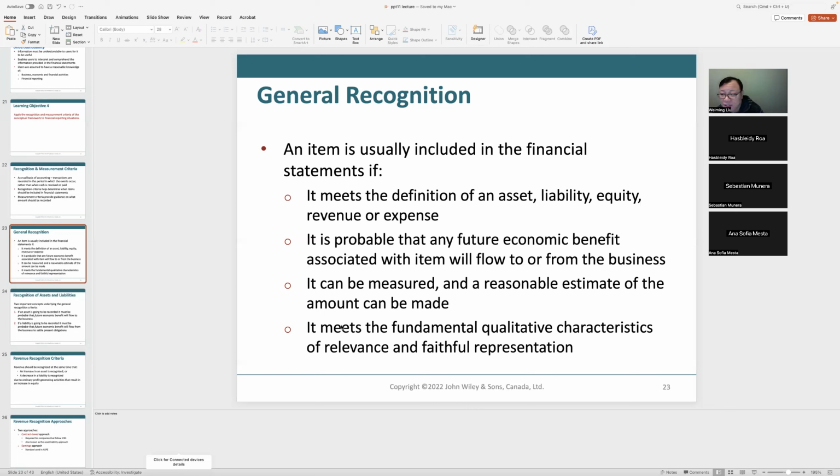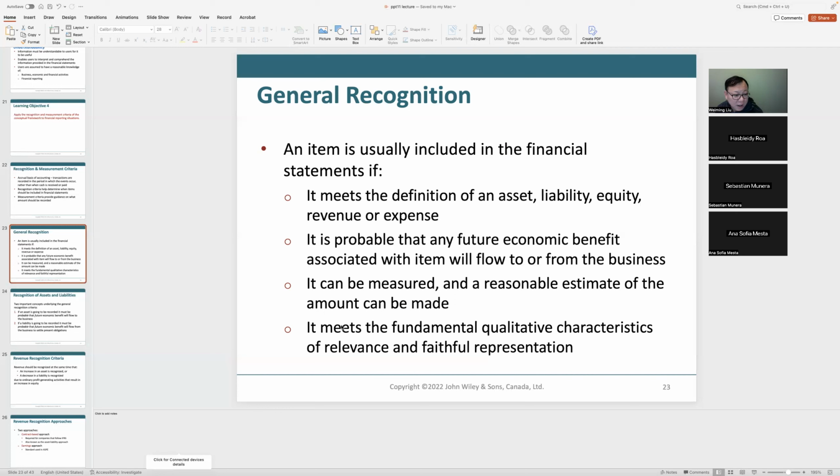So you want to consider, is that amount reasonable, can it be reasonably estimated, and it meets the fundamental qualitative characteristics, which are relevance and faithful representation.